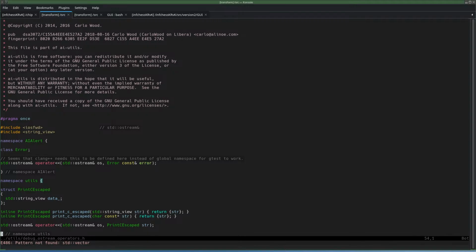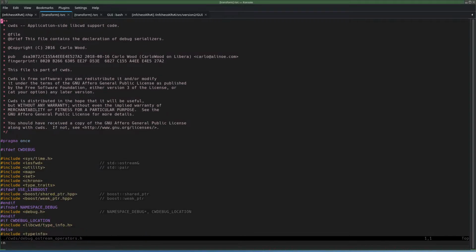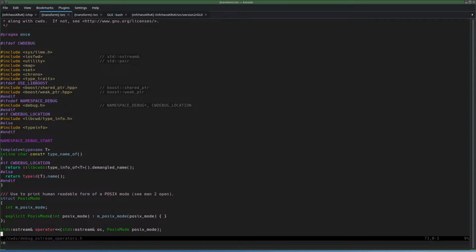No, you're just printing nothing, just the AI alert and the print C escaped. So that's definitely, let's never use that again. Well, except for the AI alert. By the way, included from AI alert if CW debug is defined, now I think about it, if that's all it defines.